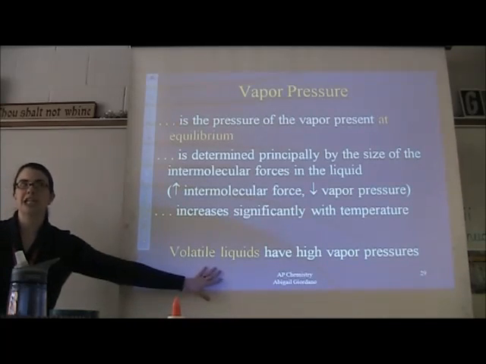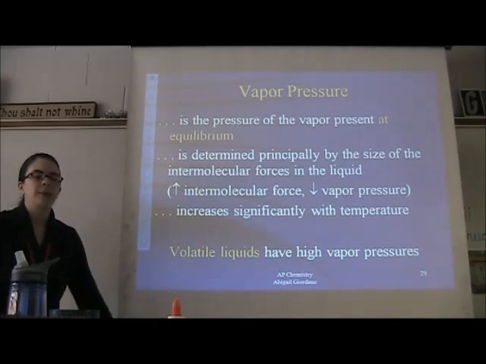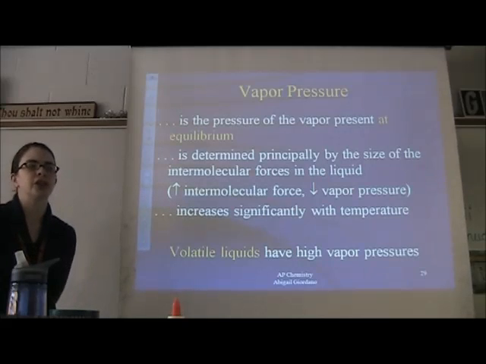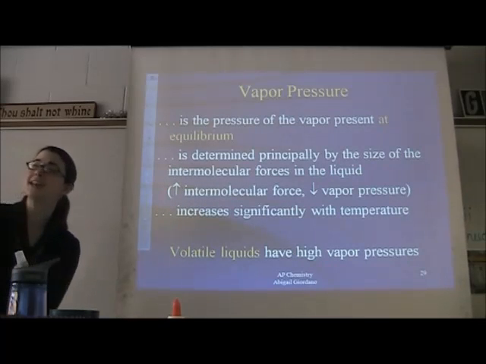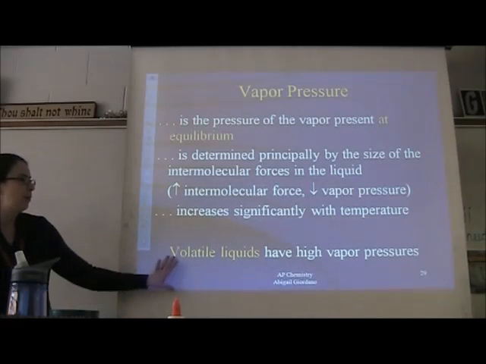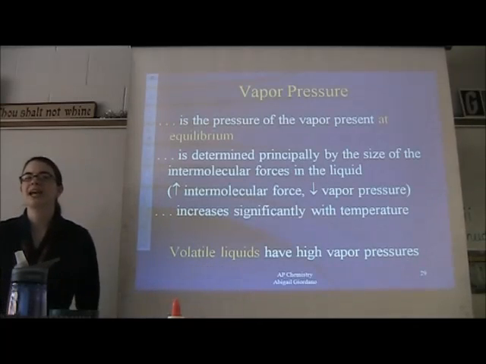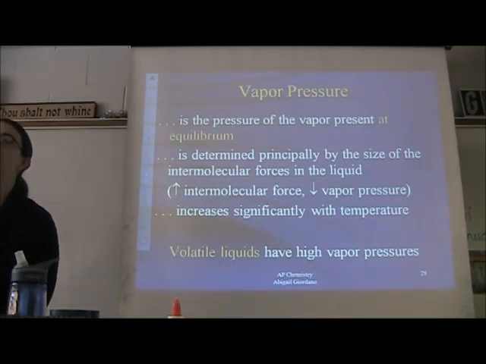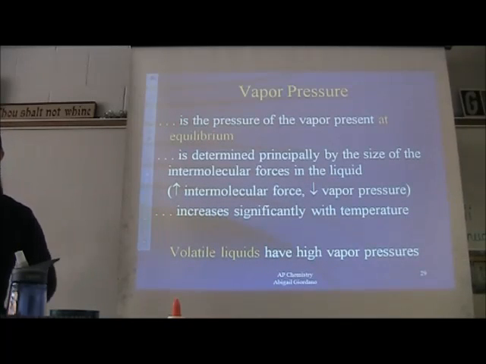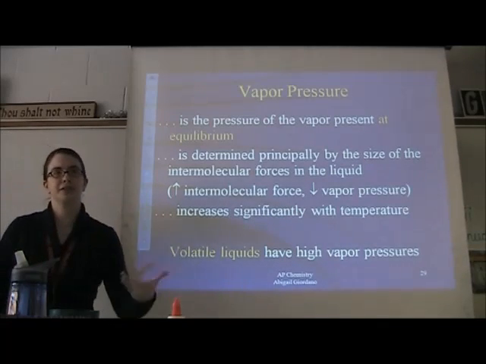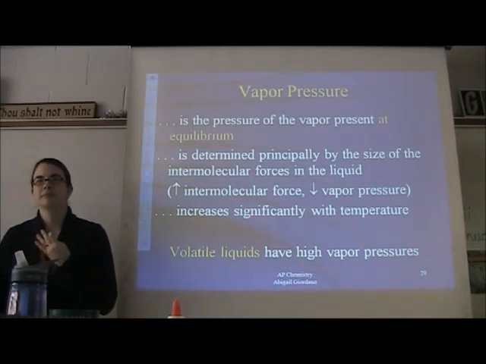Volatile. Pretend that you're in your English class or you're taking an SAT. And a person is described as having a volatile personality. What kind of person are we talking about? Angry? Give me some other adjectives. Insane.